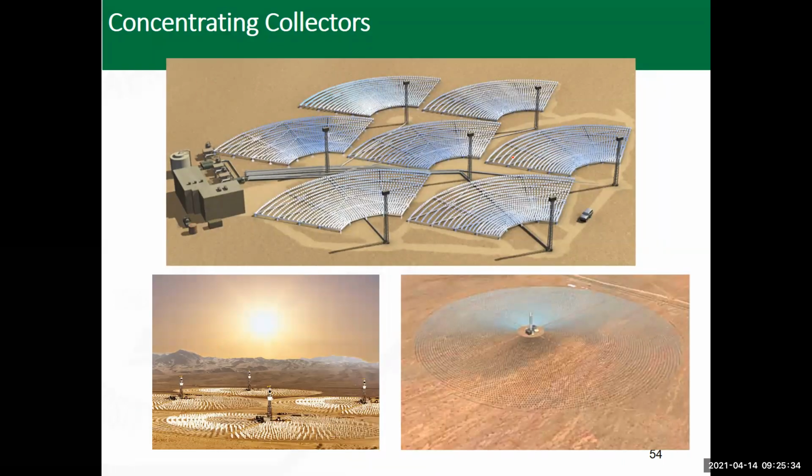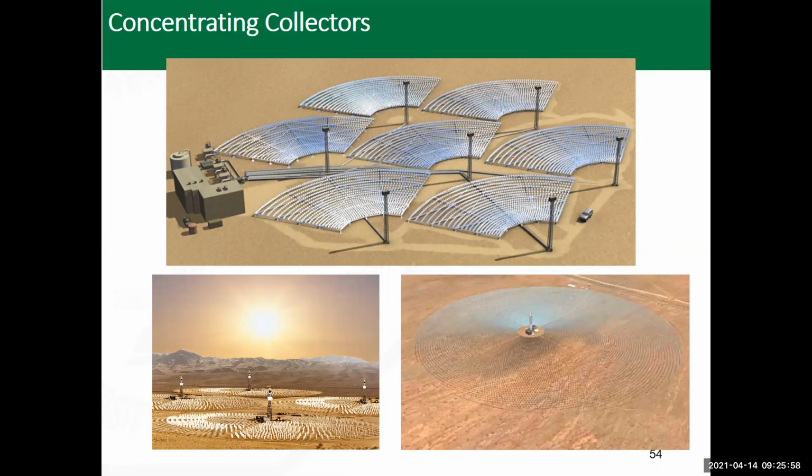On the other hand, these are some of the sophisticated kinds of applications that we're talking about. A Rankine cycle system here, where a large number of mirrors are reflecting the energy on the top of each one of these towers, where there is a large tank. The tank is receiving this reflected energy. It has water inside, and water is converted into steam.